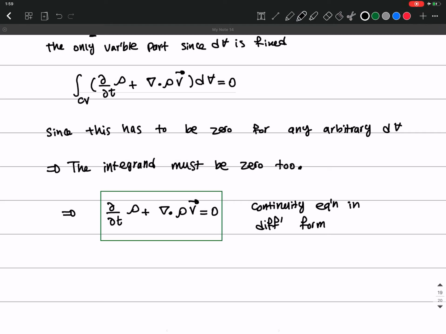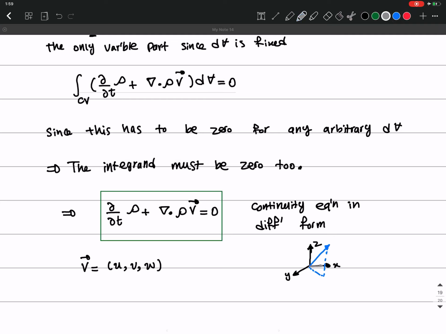So say v, the velocity vector, is a 3D velocity vector, right? So we can write its components as U, V, W. If you have X, Y, Z, so you can write it in this way.